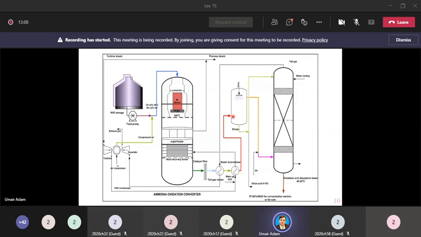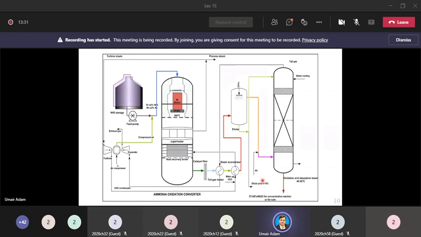diluter where we will shower water, and we can get a very low concentrated nitric acid here, as you can see, up to 9 to 10% concentration. So it's a very low concentration nitric acid. It depends on the market.